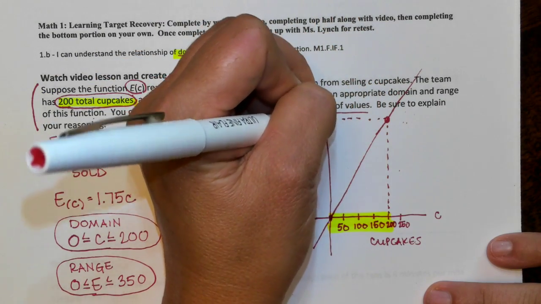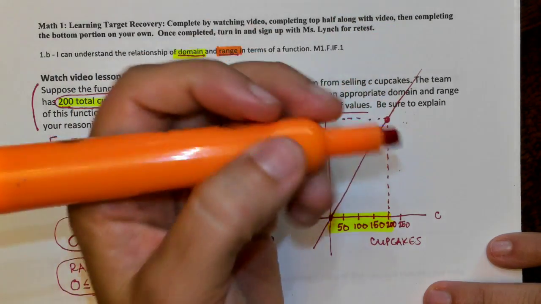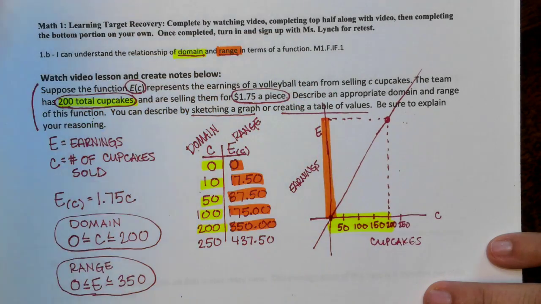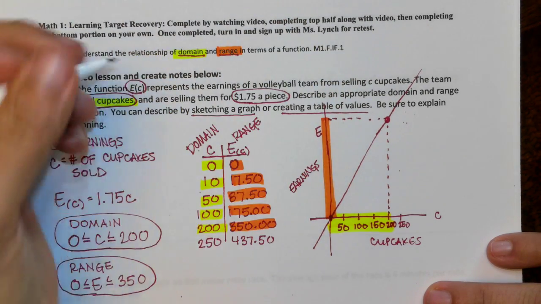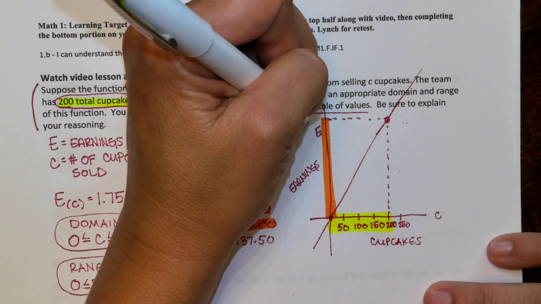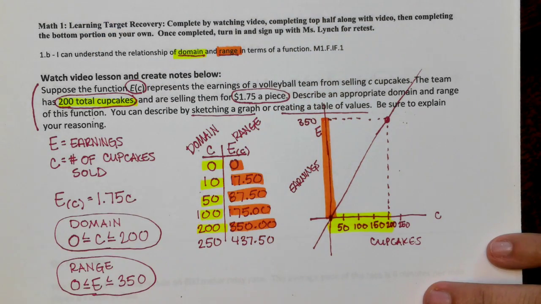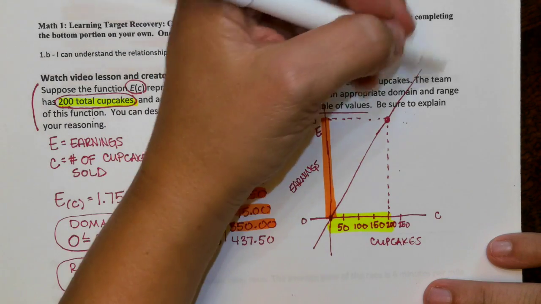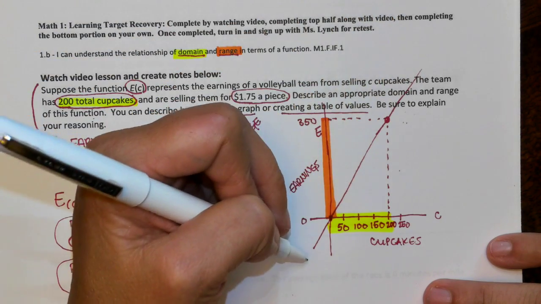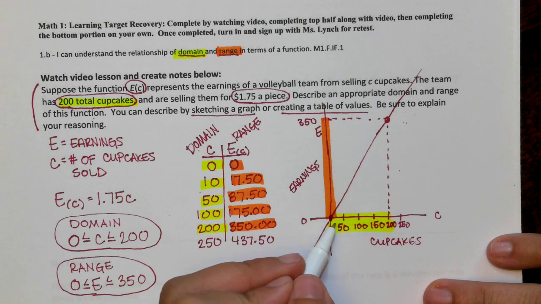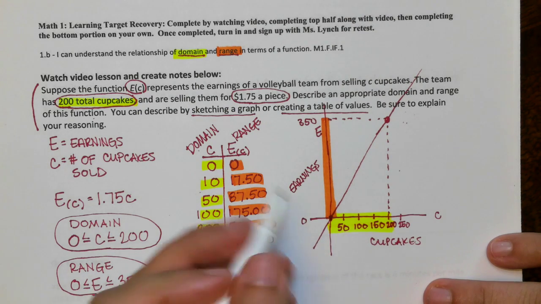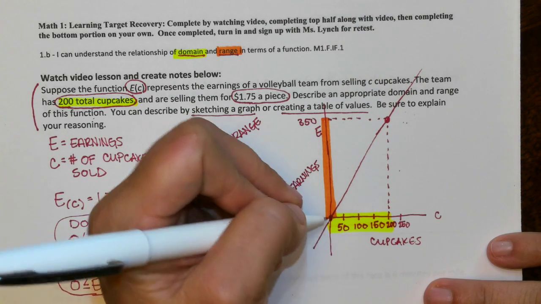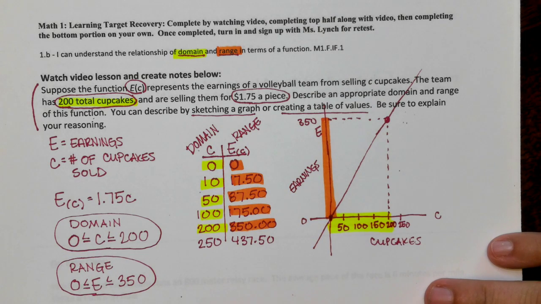And so this would be your range. And this point right here would be 350 because we found that out using the table. So 0 to 350. So remember, our math will continue, but it only makes sense for a certain portion. I don't have negative cupcakes, and I don't have negative earnings in this situation.